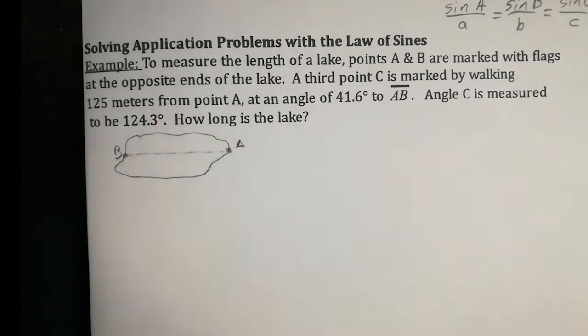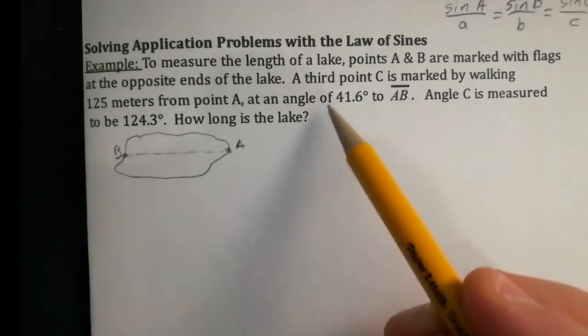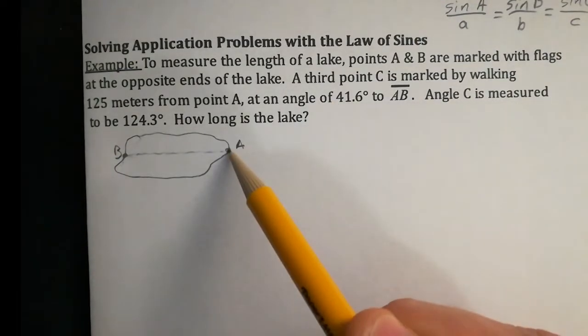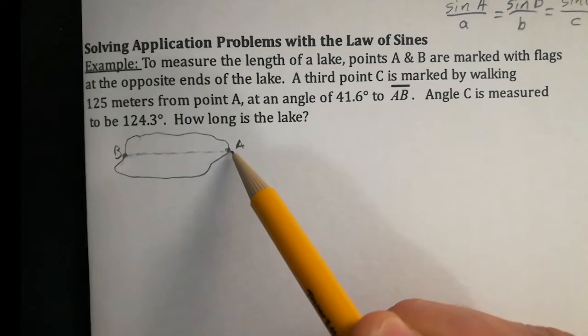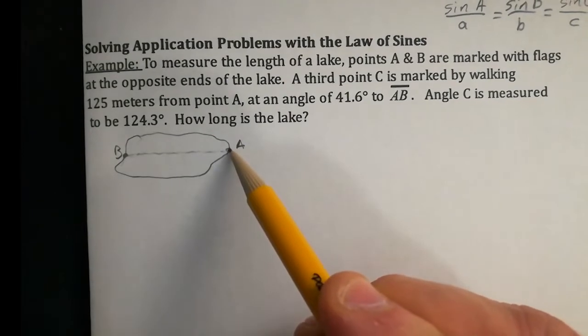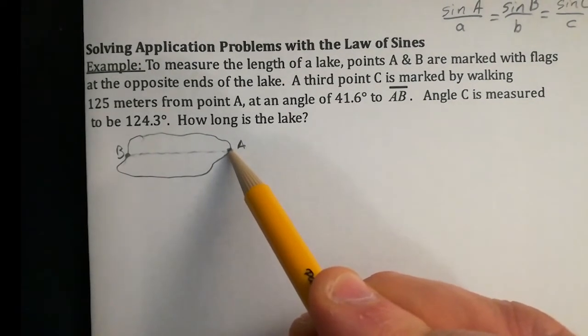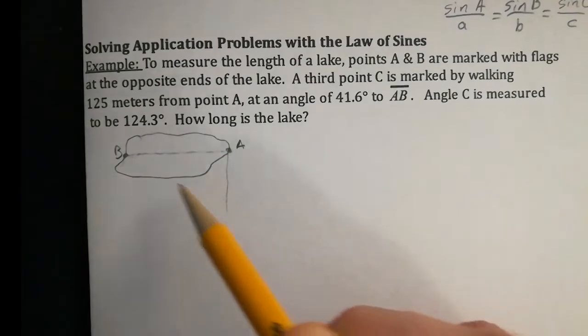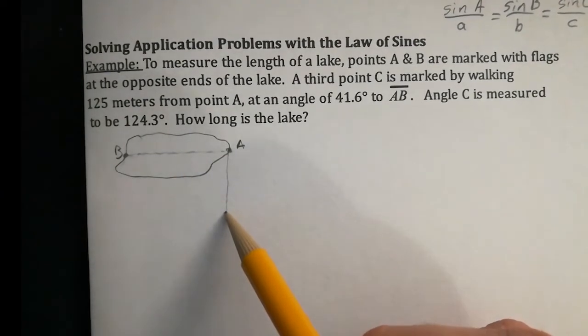Then it says that there is a third point C marked by walking 125 meters from point A. The question is which direction you go. You might have to just do a little trial and error. But if I went like this and then marked it, that would be okay.